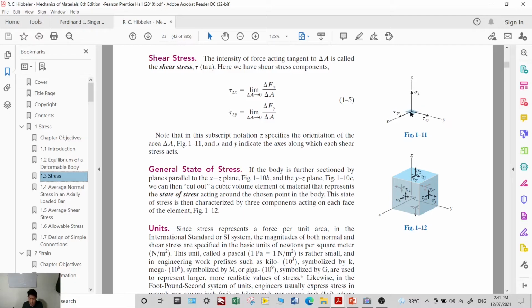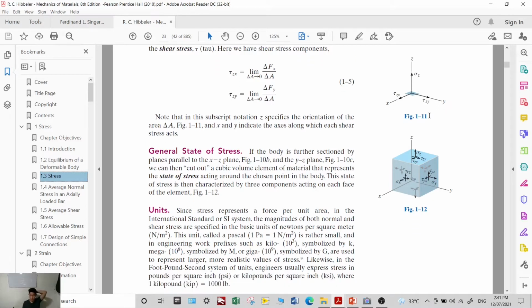The stress that is parallel to your area is the shear stress. So the z means the plane that is perpendicular to z, and the x is the direction of the stress. So tau zx and tau zy. These are just your shear stresses.